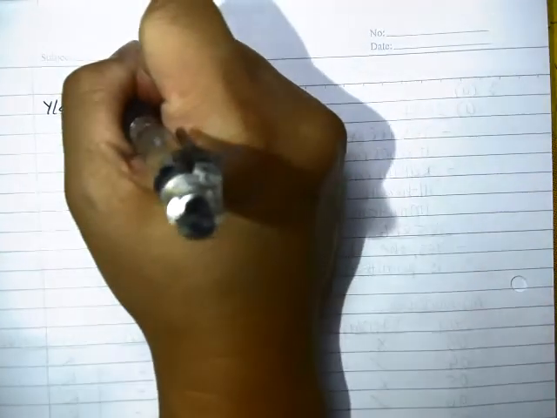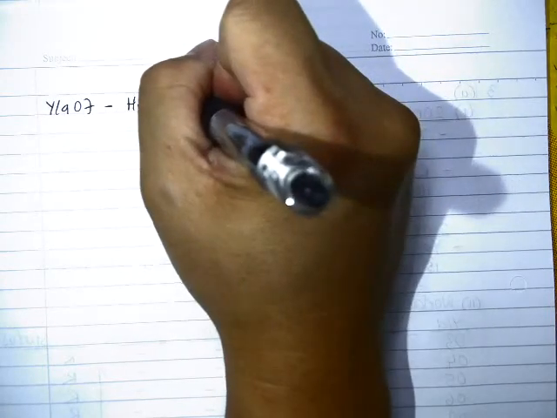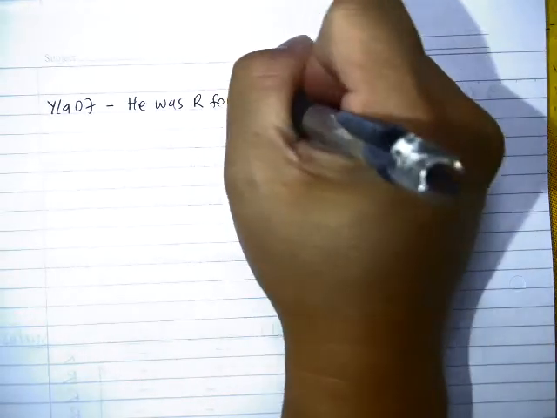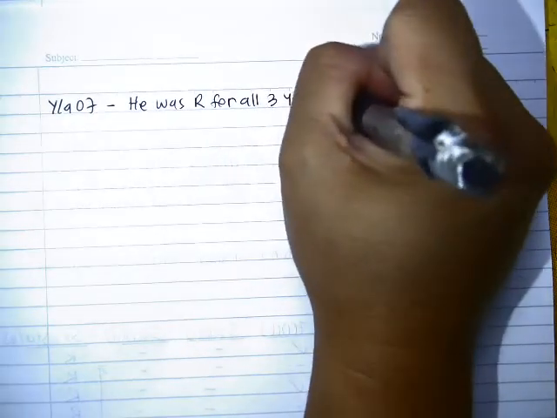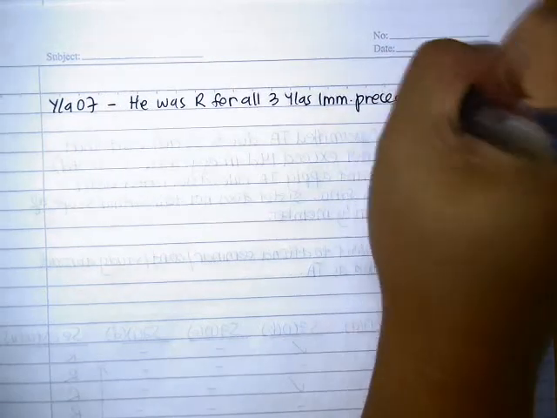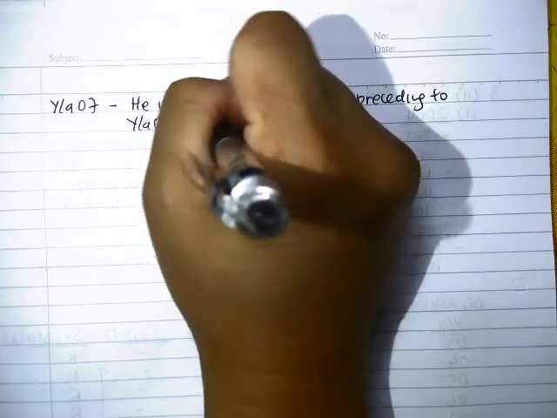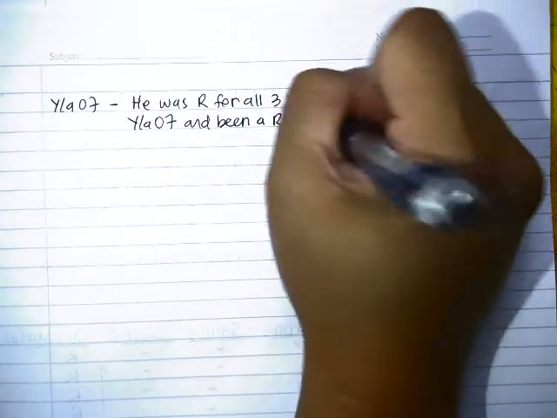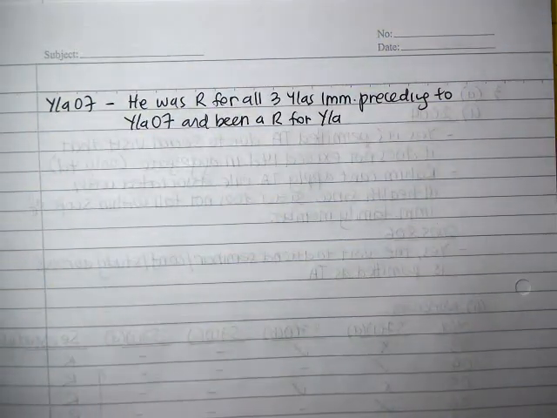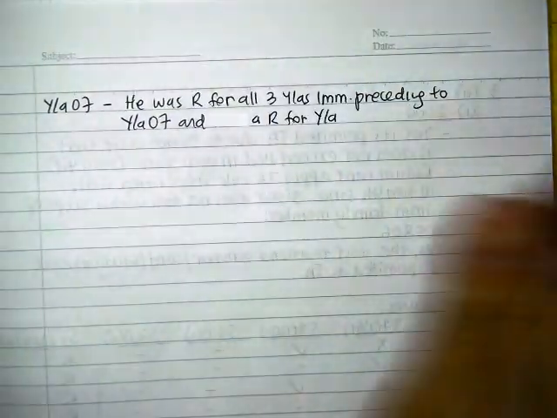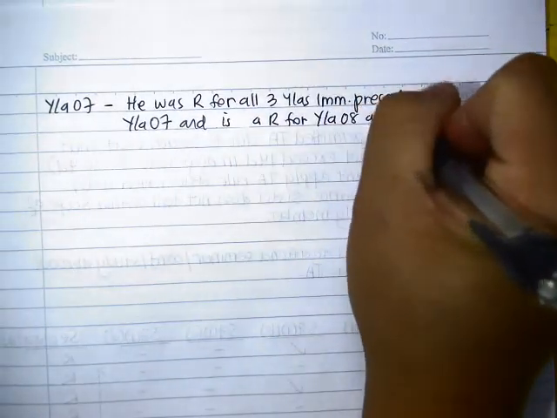Okay, that means YA07. Now YA07, he was resident for all the 3 YA immediately preceding YA07, and been a resident for YA08 as well.